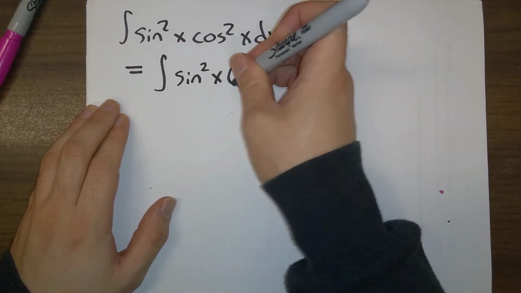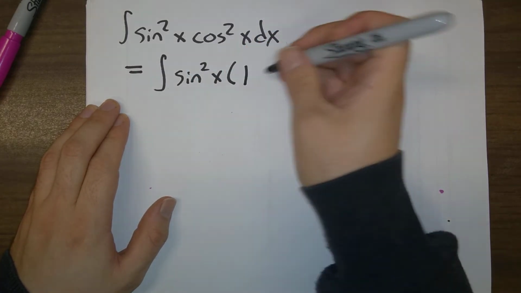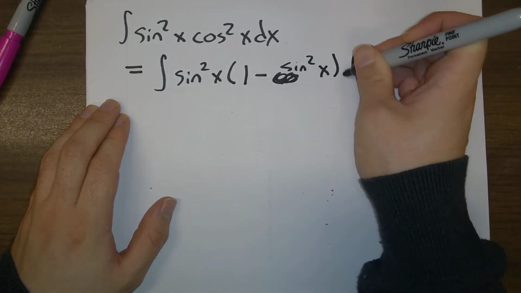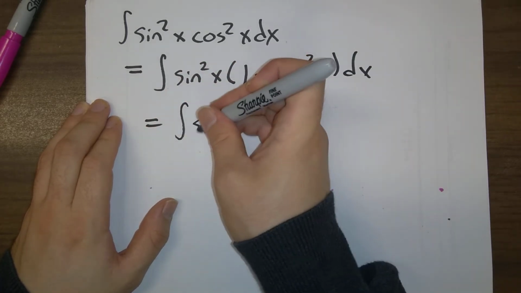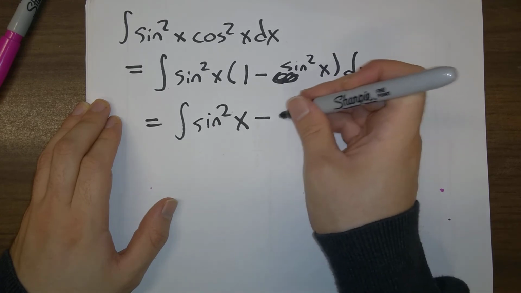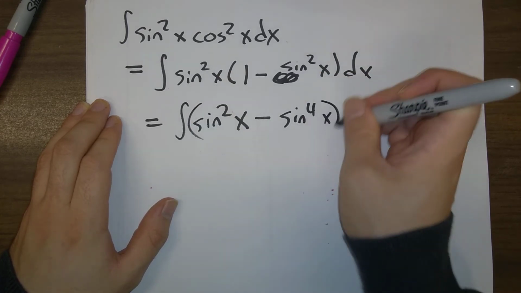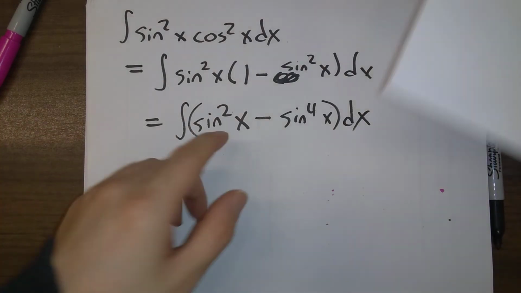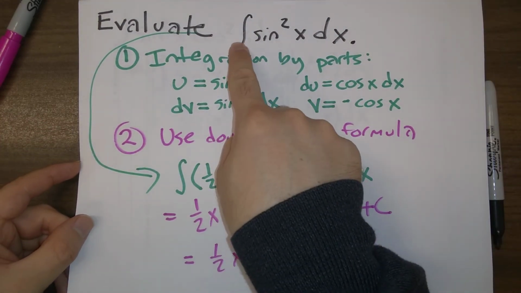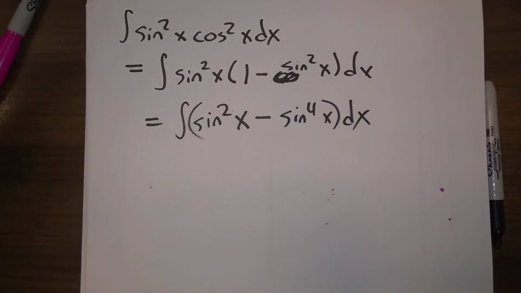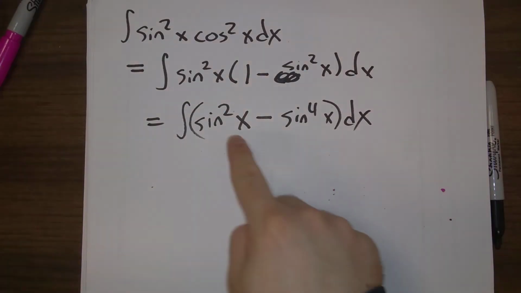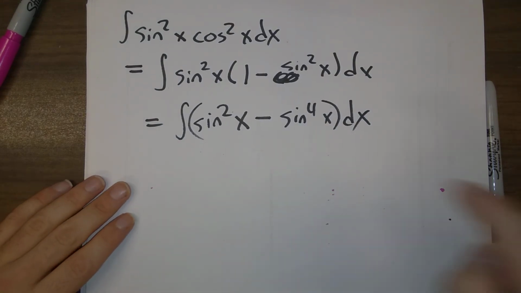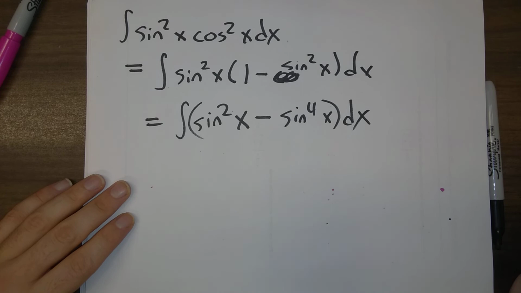I can just say cosine squared x is 1 minus sine squared of x. So what do we have here? Sine squared x minus sine to the 4th x. And we just spent our video evaluating the antiderivative of sine squared x and sine to the 4th x. So we could combine our answers from the previous two problems to come up with the antiderivative here.